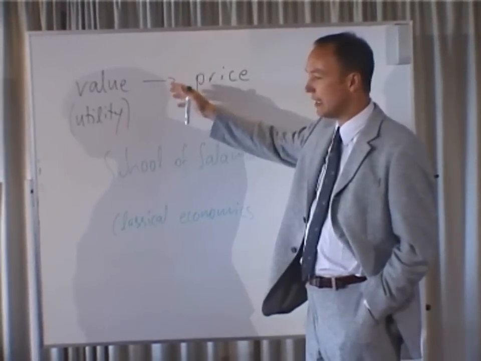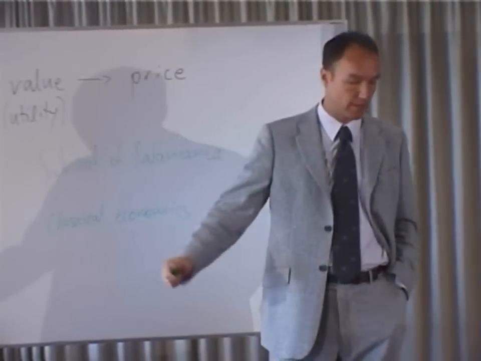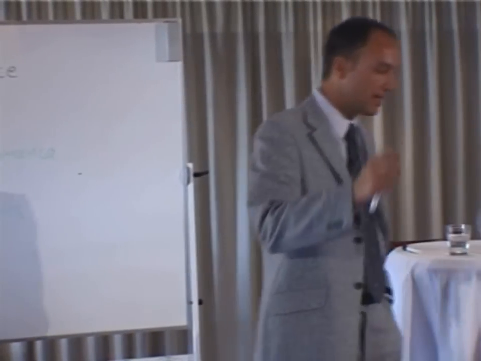So what Menger said, the same observation that Jevons made, was that we get the paradox of value because we reason in terms of classes, of entire classes of goods. We say water in general has a higher utility than diamonds in general. And as a consequence, we get the paradox because the price of water is much lower than the price of diamonds.